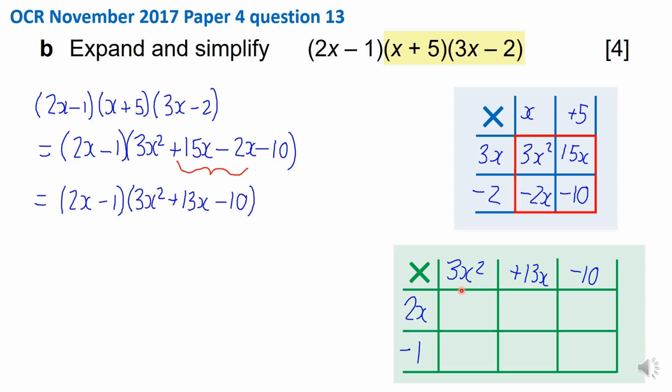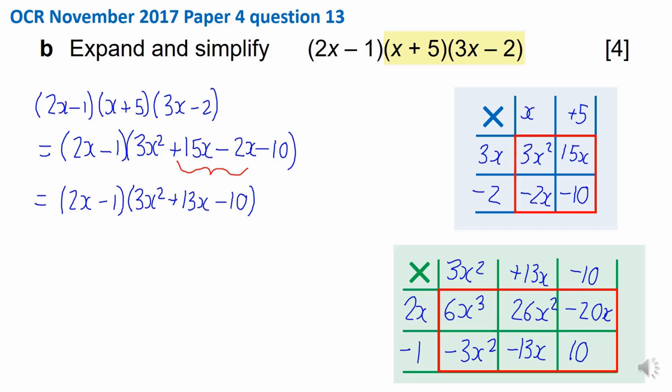Multiplying everything, we get 2x times 3x squared, 6x cubed. 2x times 13x, 26x squared. 2x times minus 10, minus 20x. Minus 1 times 3x squared, minus 3x squared. Minus 1 times 13x, minus 13x. Minus 1 times minus 10, positive 10.